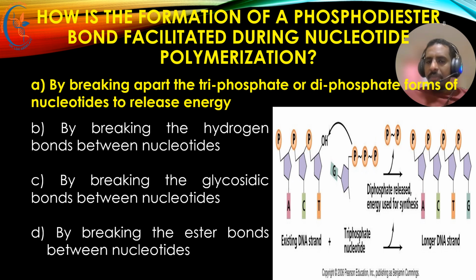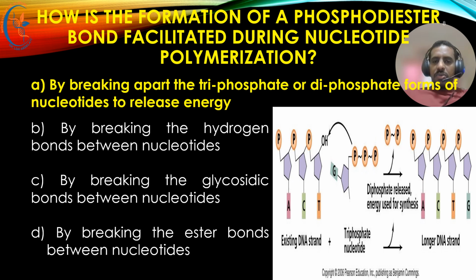So before this happens, nucleotides like ATP need to be activated. This occurs when they release two phosphate groups as pyrophosphate. The energy released from breaking this bond drives the reaction forward, allowing nucleotides to connect and build the DNA or RNA strand. I hope it's clear, okay?